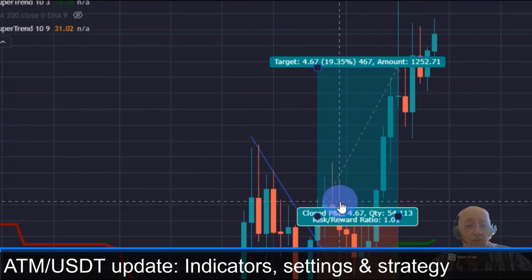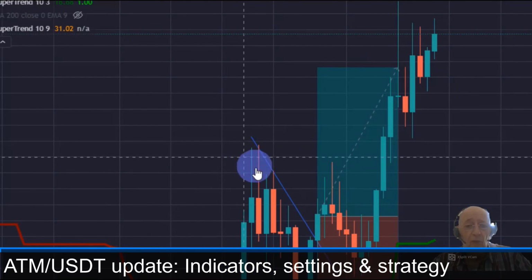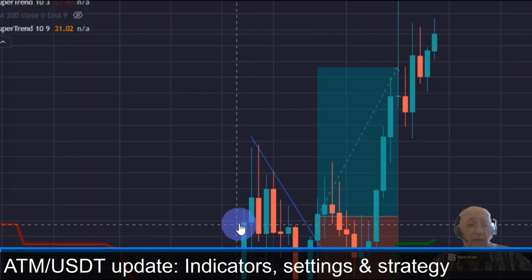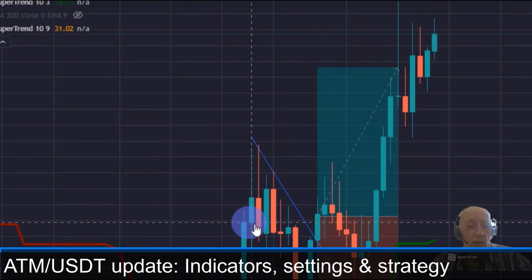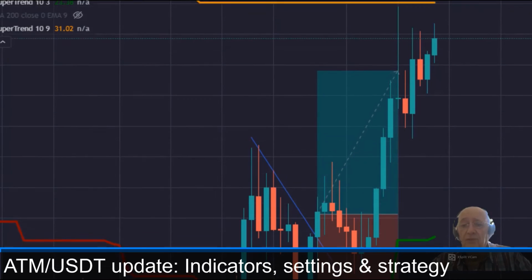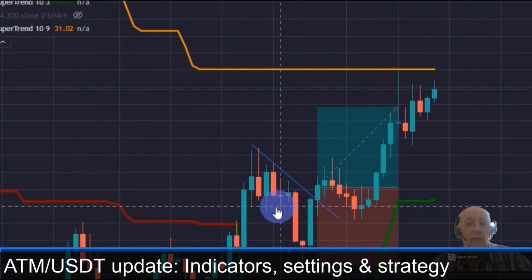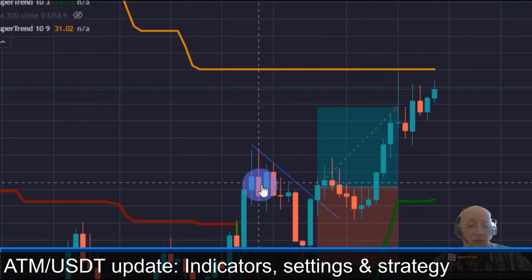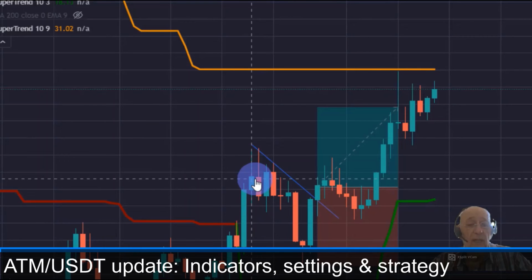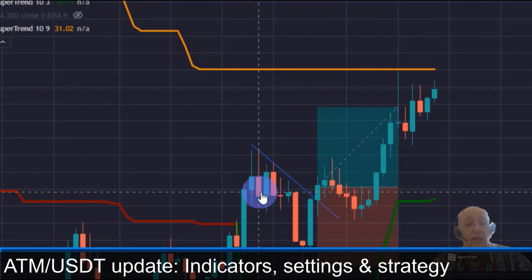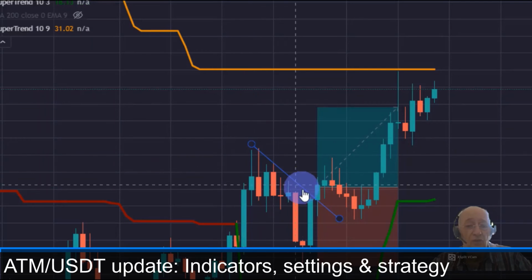Here again, I drew a trend line in. You could have taken the trend change over there as well, but because I missed it, I didn't see it. Put it this way, for some reason I just missed it. I don't know why. So what I did is I drew a trend line in.